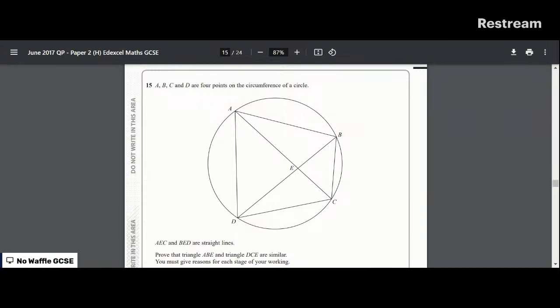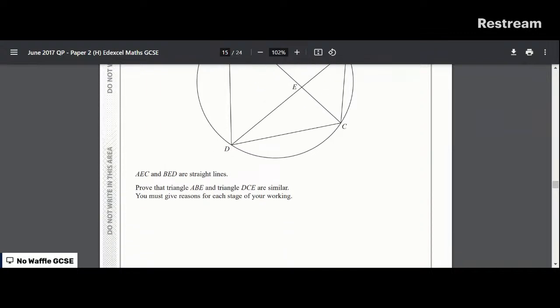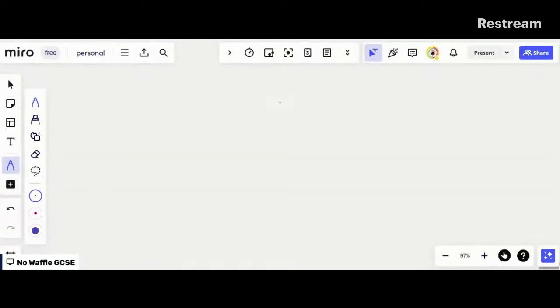Okay, let's move on. A, B, C, and D are 4 points on the circumference of a circle. A, E, C, and B, E, D are straight lines. Prove that triangles A, B, E, and D, C, E are similar. Okay, I'm going to just screenshot and we can get this onto the whiteboard.